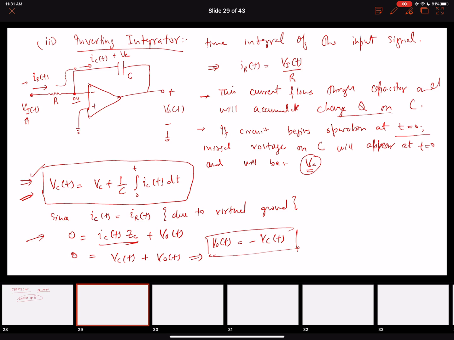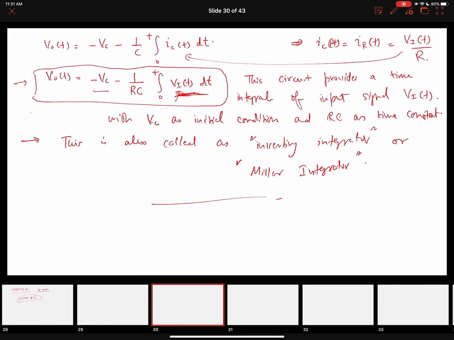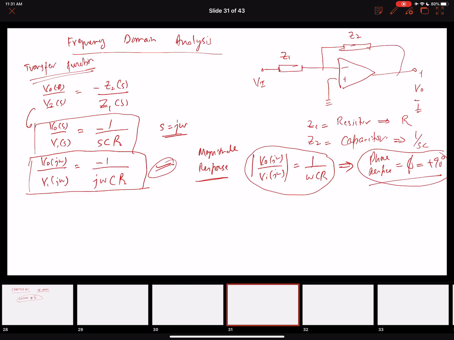We had this inverting configuration of an op-amp, with a resistor at the input and a capacitor in the feedback, and when we solved the circuit, we saw that this configuration allows us to take the time-based integration of the input signal. Then we did the frequency domain analysis and built a transfer function of this Miller integrator, and we found the magnitude response and the phase response of this transfer function.